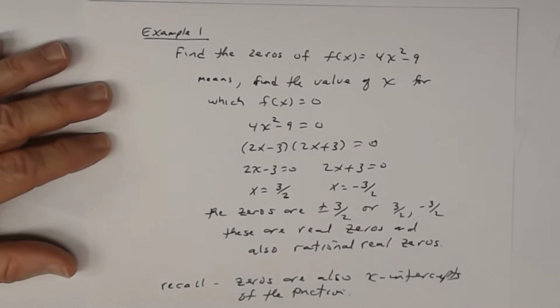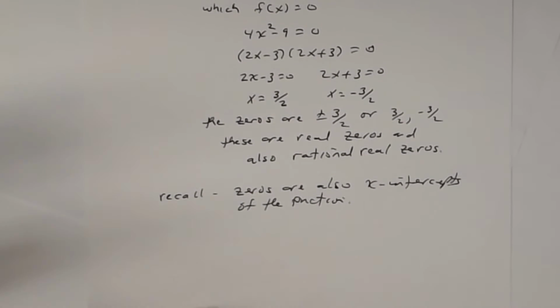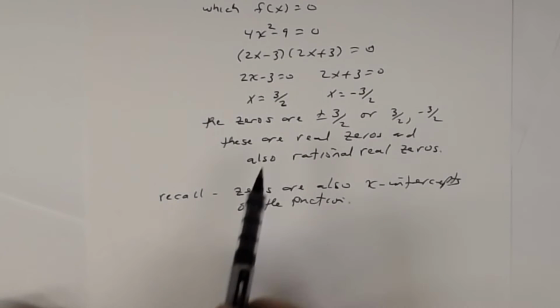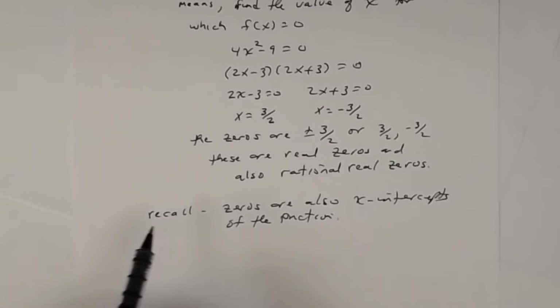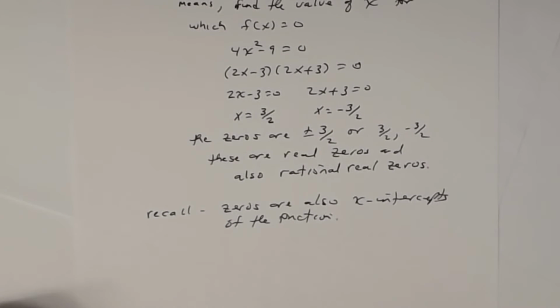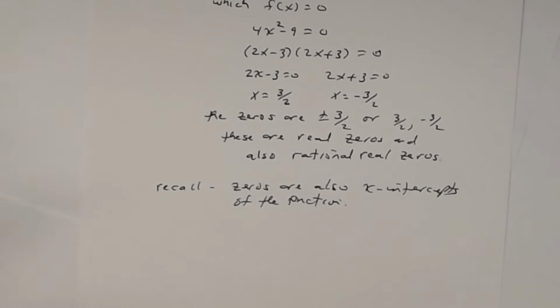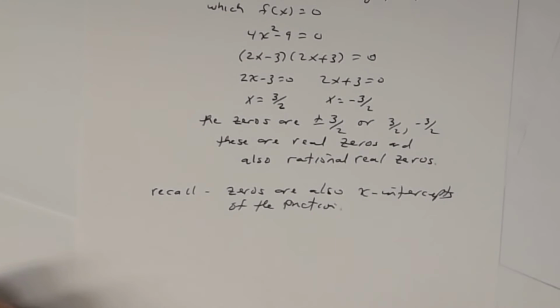It makes sense, because the x-intercept is where the y value is 0. Remember, f of x is the same thing as y, so I let y equal 0. So those are the same thing as x-intercepts. I just want to remind you of this because it's going to be important in a few lessons later. Okay, so let's look at example 2.